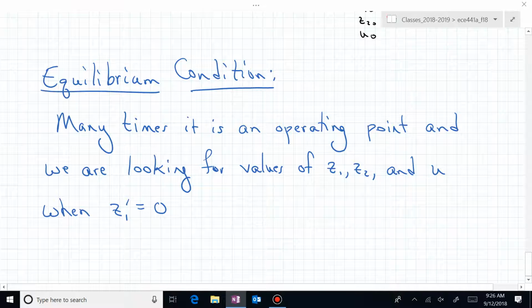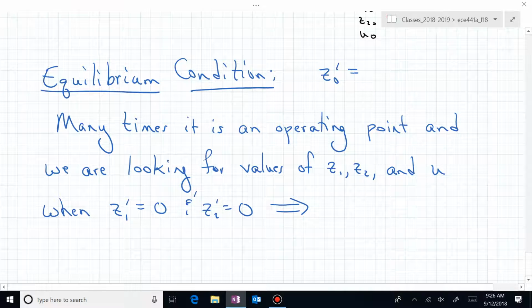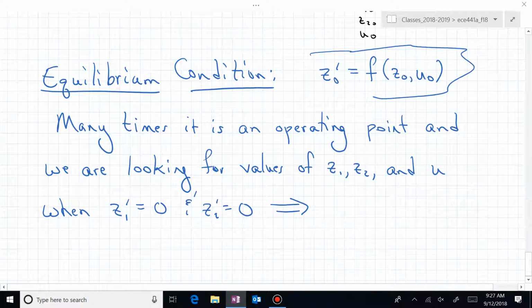So Z1 dot is at some equilibrium condition. We want Z2 prime to be 0. If that's the left-hand side, what does that imply is happening to the right-hand side? Here we're saying Z naught prime is equal to F of Z naught, U naught. This is the equilibrium condition.